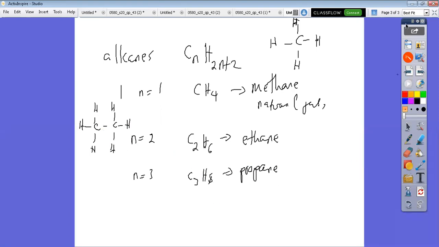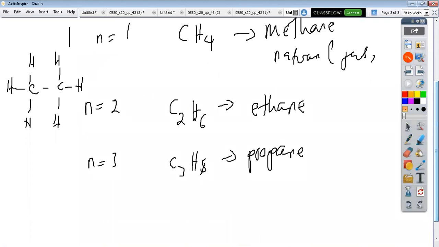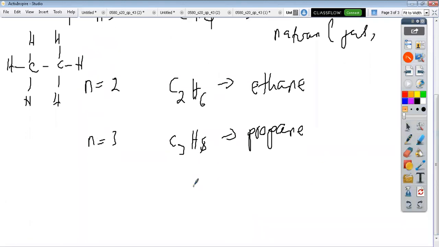Now, the next one is when n is equal to 4. So now I have 4 carbons. Using my formula, it is C4H10, and I call that butane.